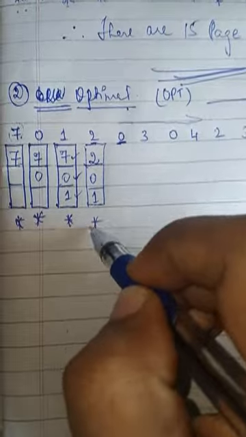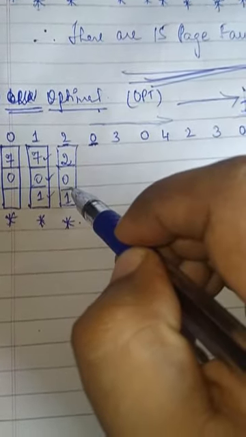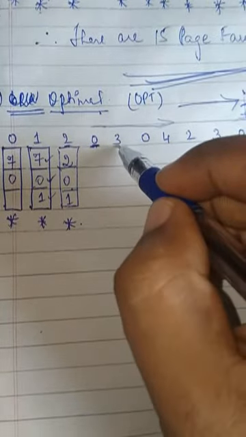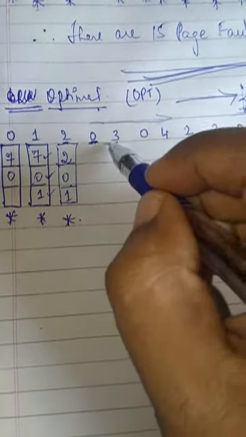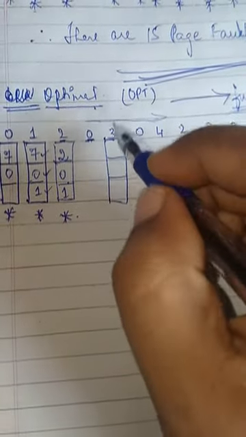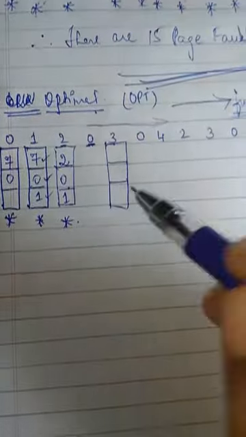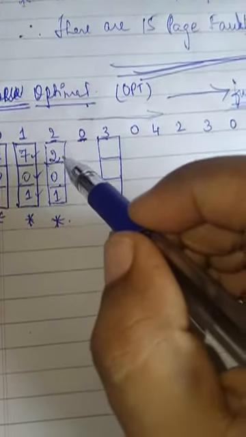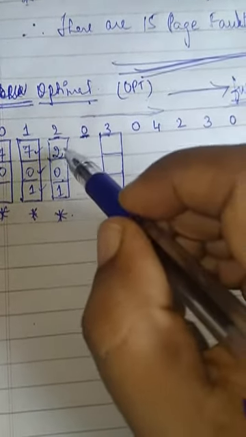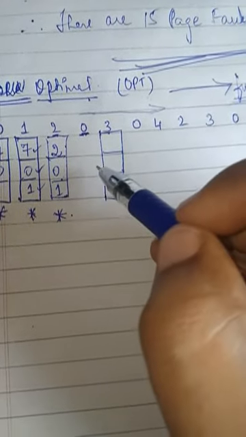So this is also again a page fault. Now you have 0. 0 is already there, so it is not a page fault. Now 3 is not there, therefore it is a page fault. So you have to use the optimal page replacement technique and find a suitable page to be replaced. So you have 2, 0, 1. Out of these 3 pages you should check which will not be used for the longest period of time.